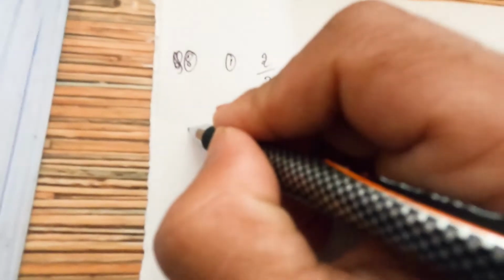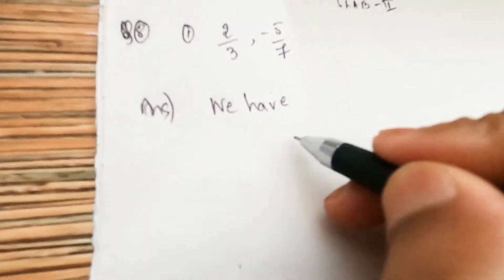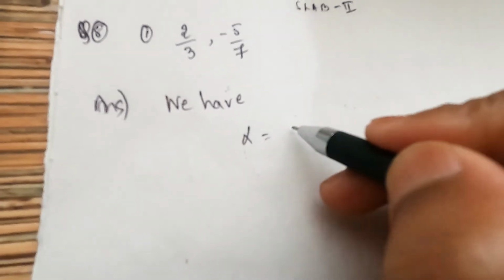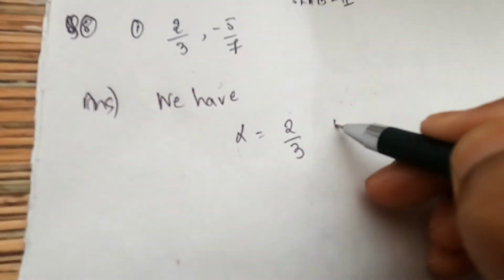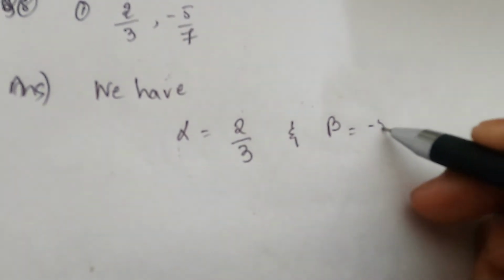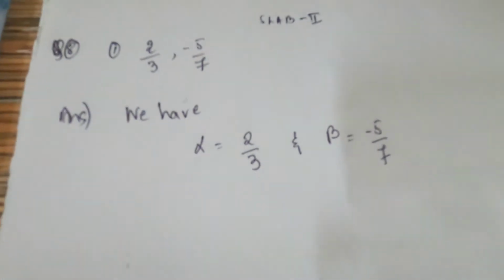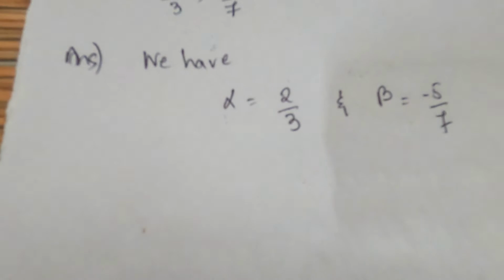Alright, so answer, you write, we have alpha is equal to 2 by 3 and beta is equal to minus 5 by 7. The first thing that we should do is find the sum of the zeros and the product of the zeros.